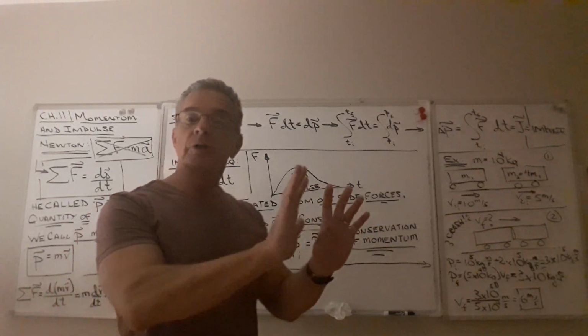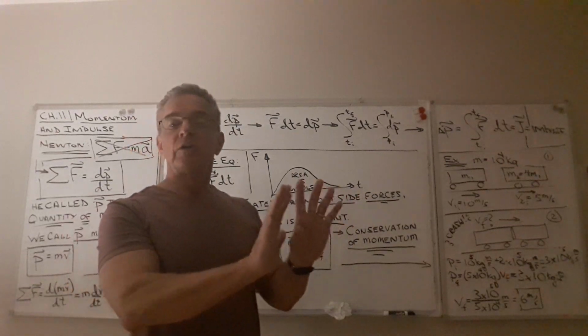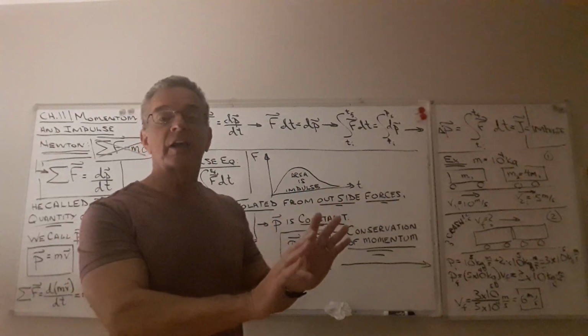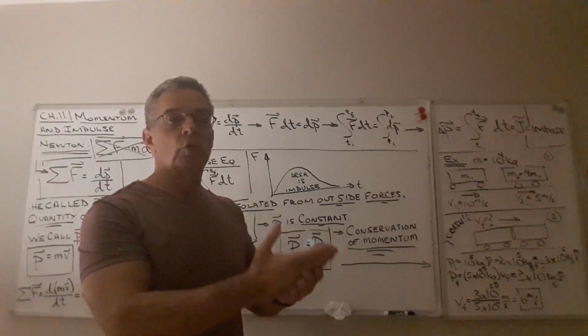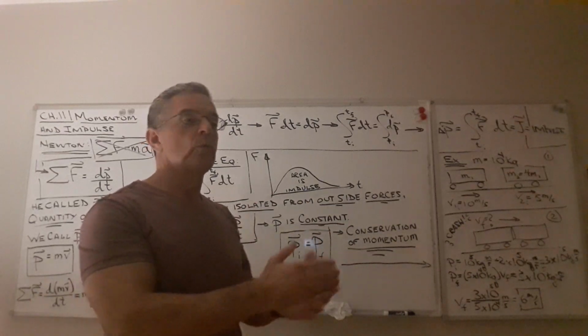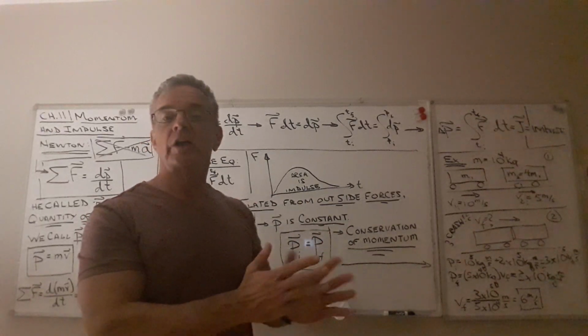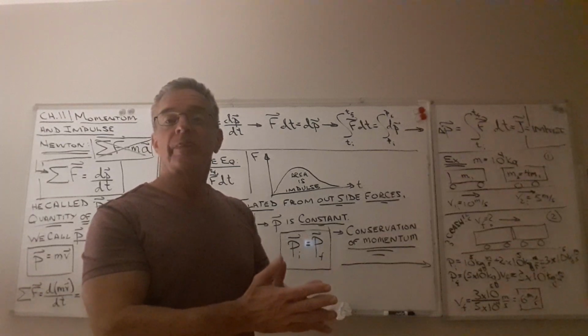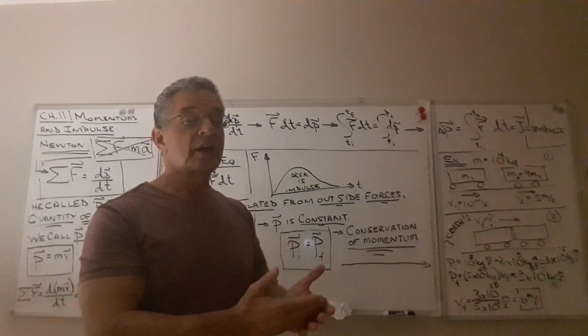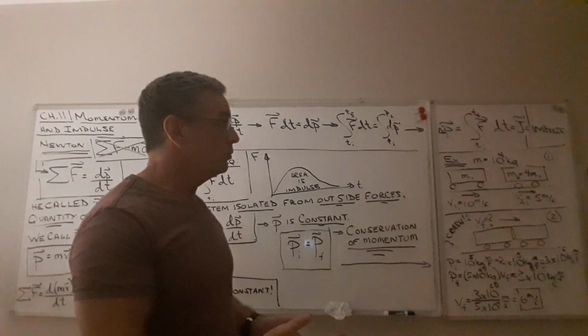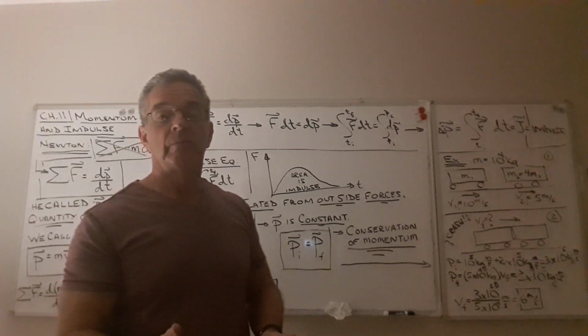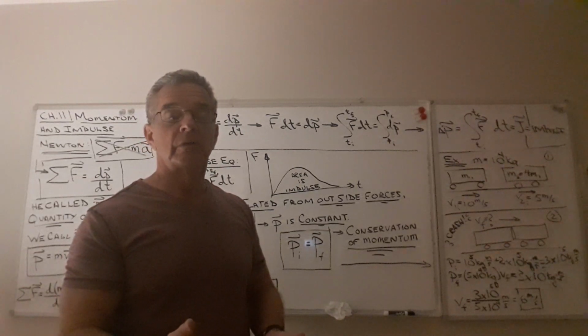Okay, if I come up and push you with 100 newtons of force for 10 seconds, I've applied a force through time on you. So 100 newtons times 10 seconds, 100 times 10 would be 1,000, and the units would be Newton seconds. And that's one way to express impulse units.